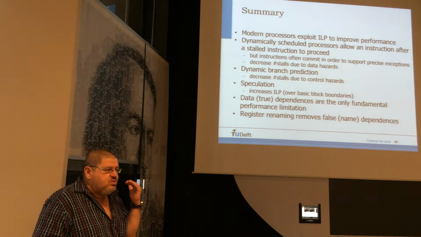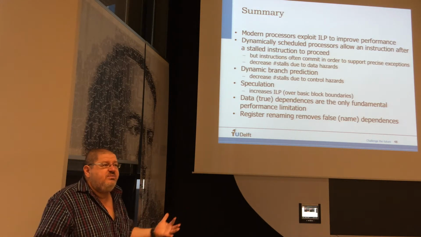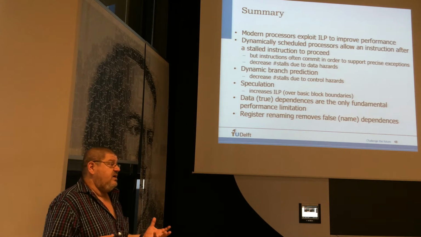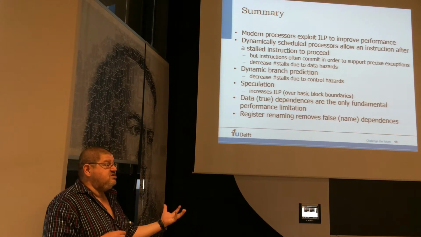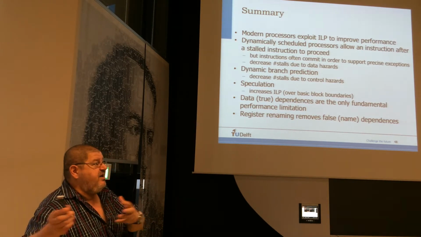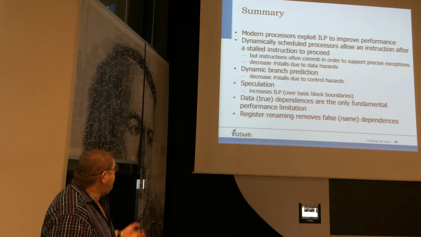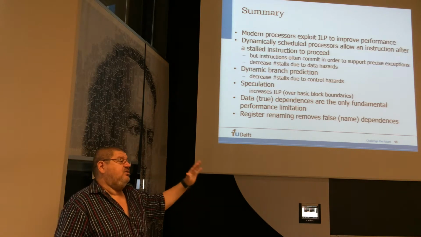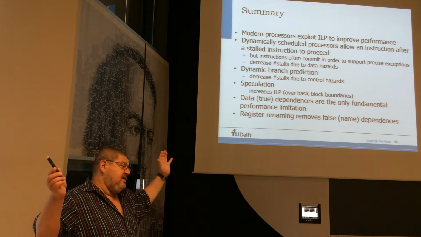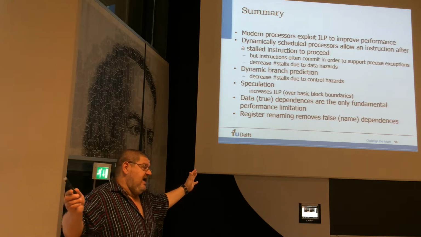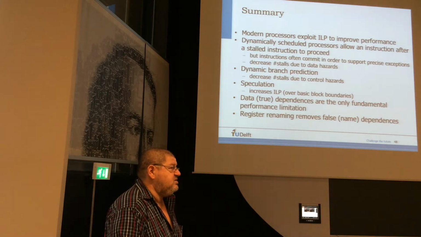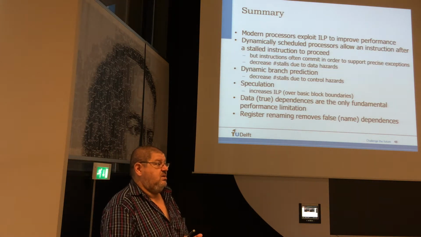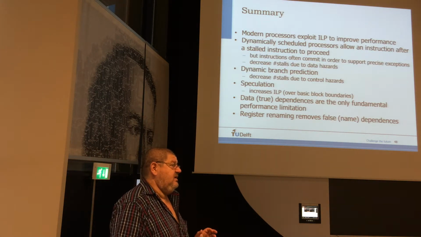In order to do that, I have to run experiments, to run simulations, to try to understand what's going on in my architecture and which decisions will give me benefits or not. And there are the true data dependencies which I cannot fight, because I cannot start an instruction before I know the result of the previous instruction. Okay, this is what we know thus far.